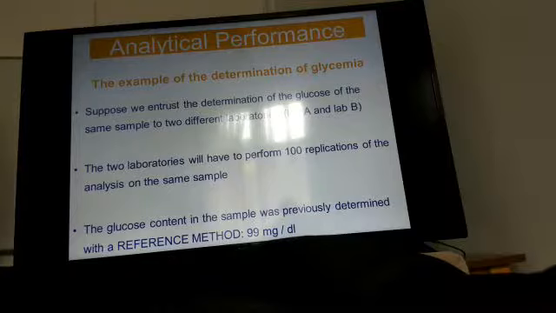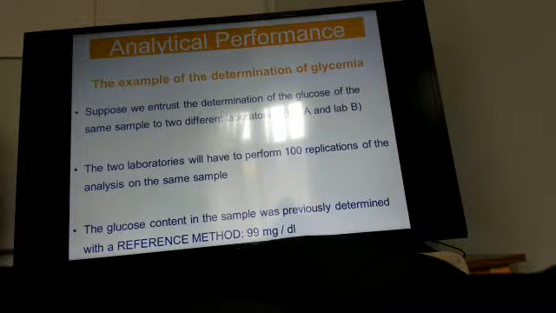I am the same person, the sample was exactly the same, taken at the same moment by the same operator, so biological variability and pre-analytic variability are the same. Okay? So from the two labs I expect two results that should be similar, because I'm the same person, so my glucose should be the same. I have just one true value and two estimations made by the two labs.